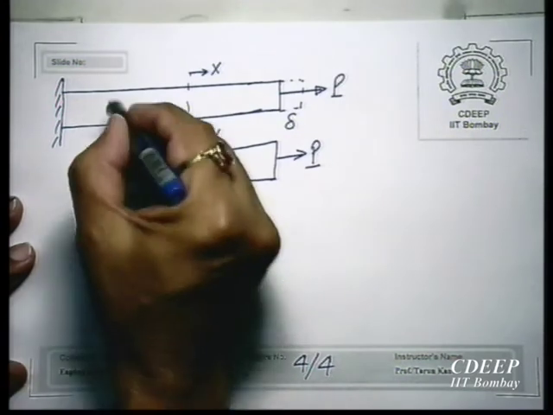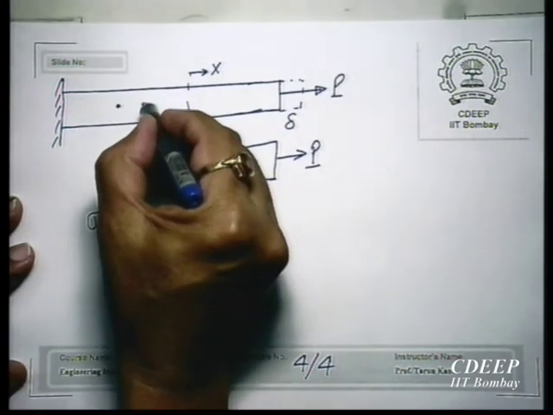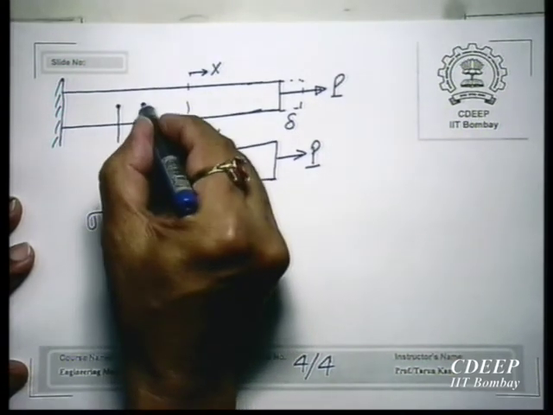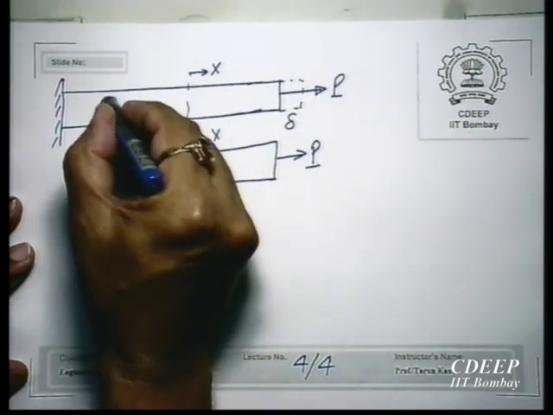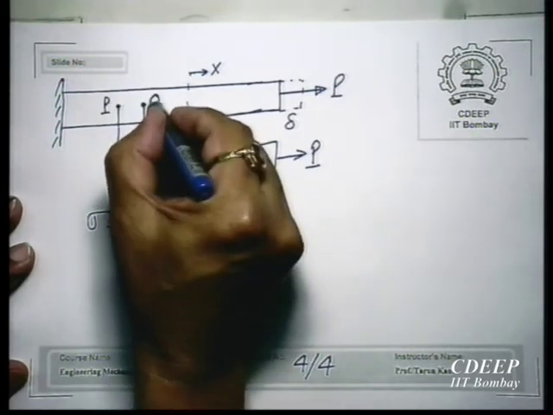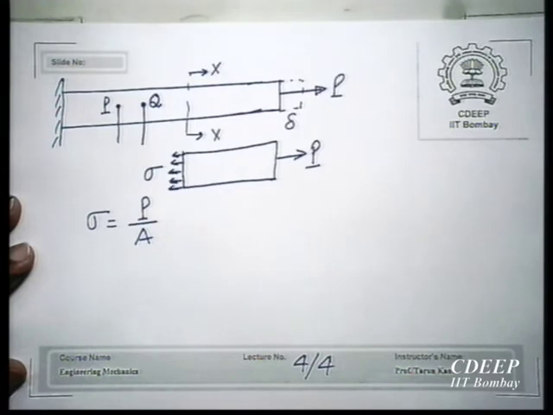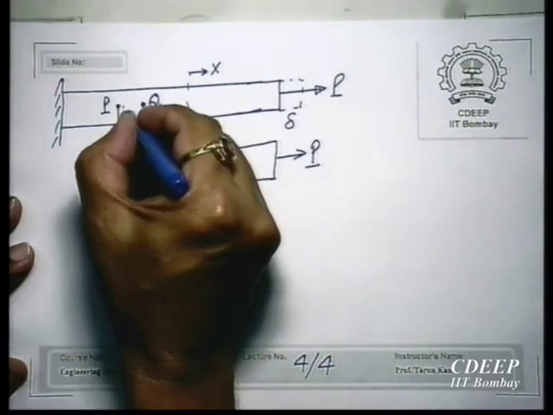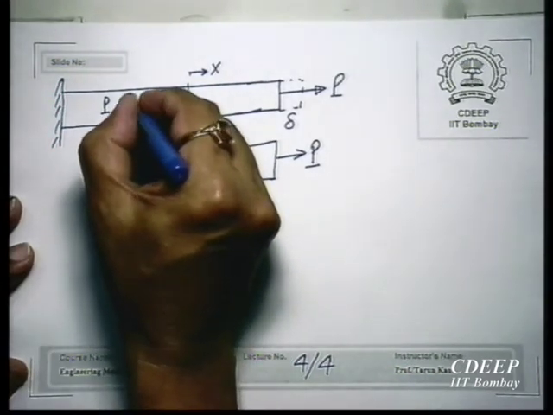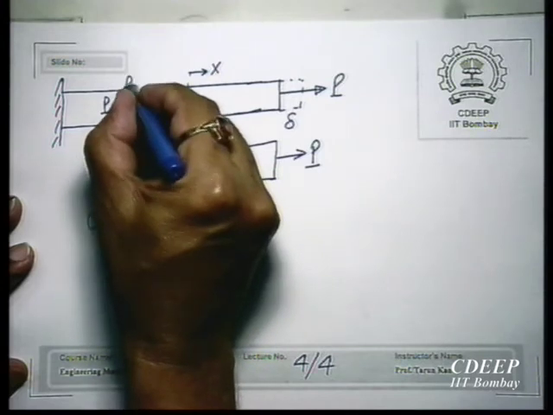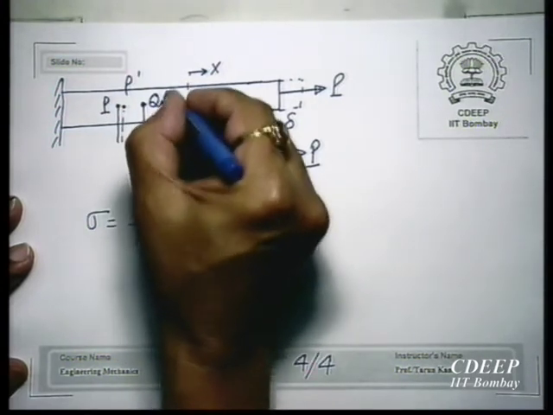Then you take 2 points here, P and Q, and afterwards P will move to P dash and Q will move to Q dash.